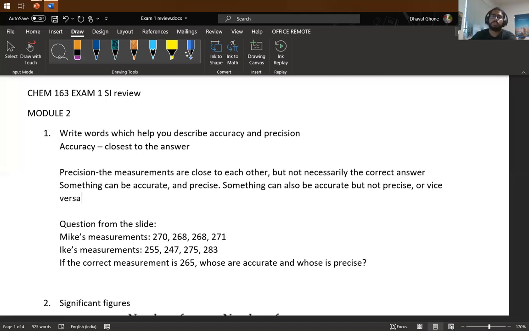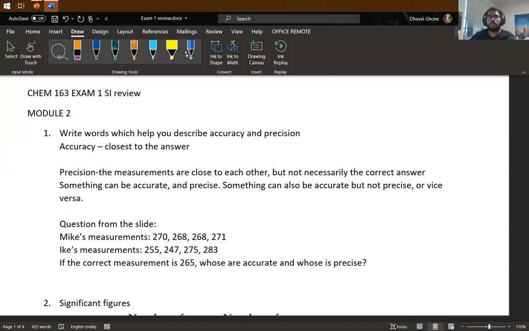You have measurements where the average comes down to the right answer, but they're so far apart they're not very precise. However, you can also have measurements which are very precise, but the average does not come near the right answer. They're not accurate. So both cases are possible.